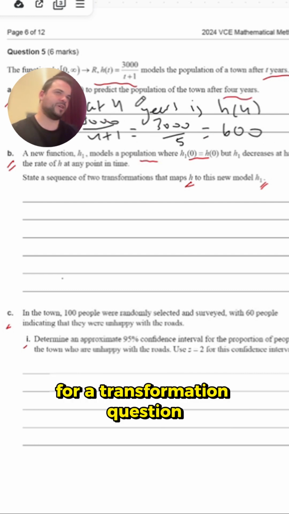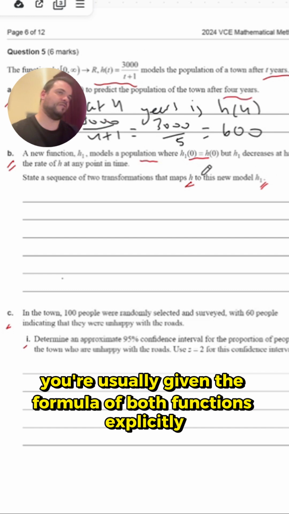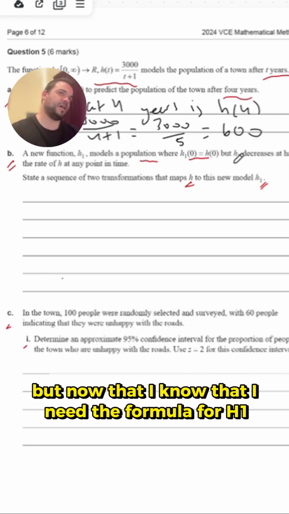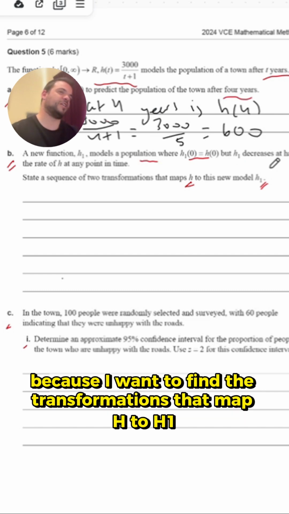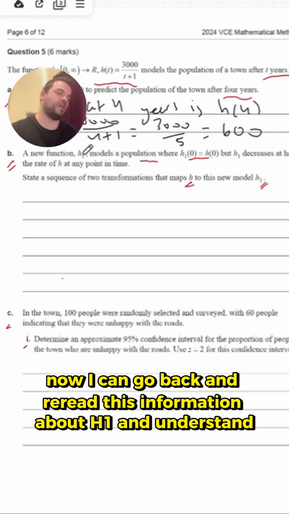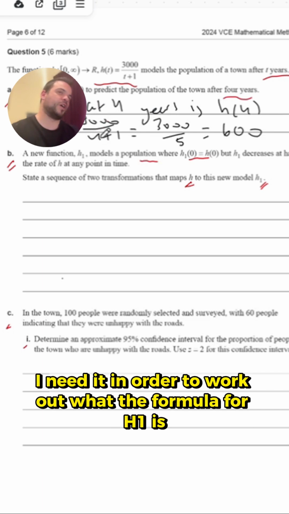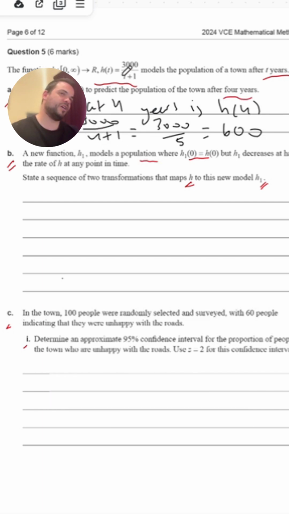For a transformation question, you're usually given the formulae of both functions explicitly. But now that I know that I need the formula for h1 because I want to find the transformations that map h to h1, now I can go back and reread this information about h1 and understand that I need it in order to work out what the formula for h1 is.